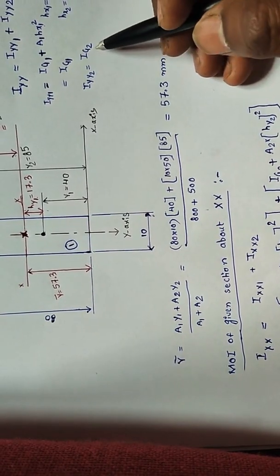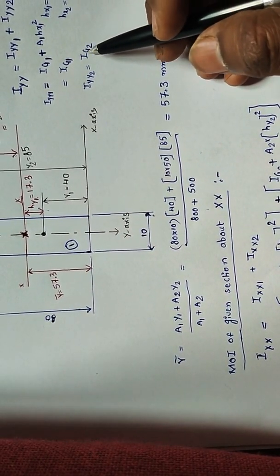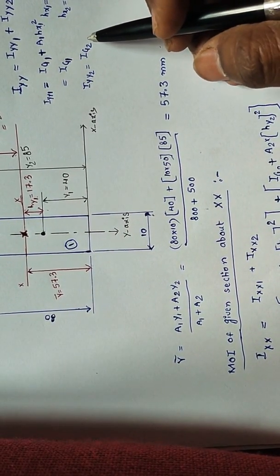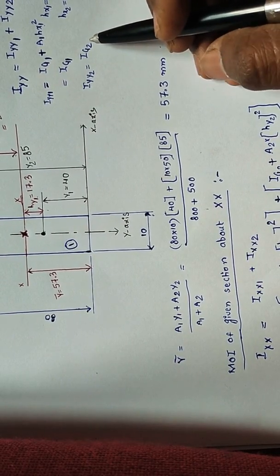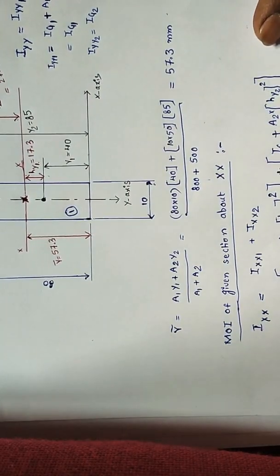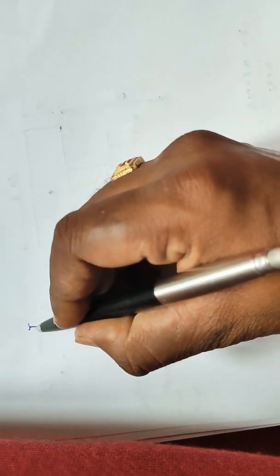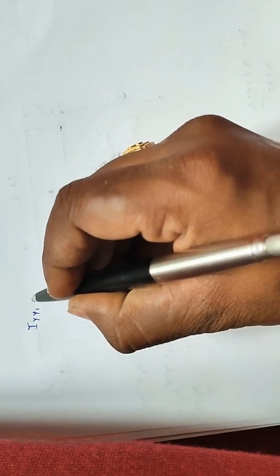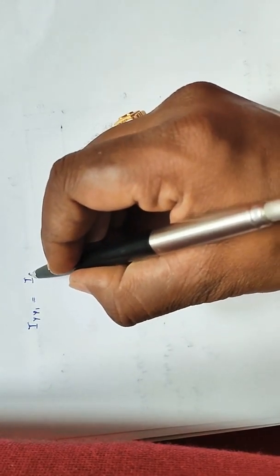So Iyy2 equal to Ig2, moment of inertia of second element about its centroidal axis. So here Iyy1 equal to Ig1.